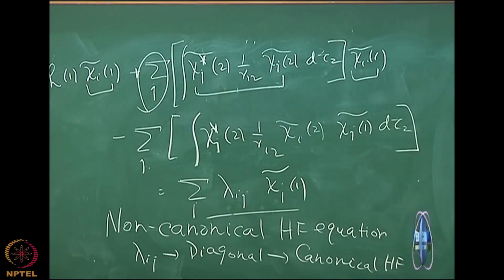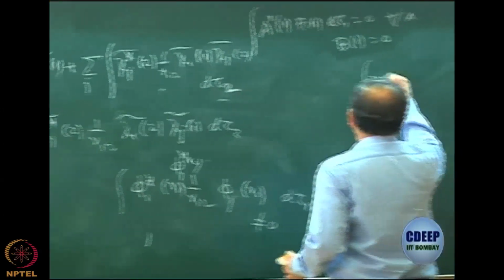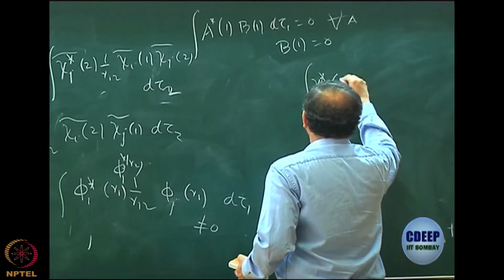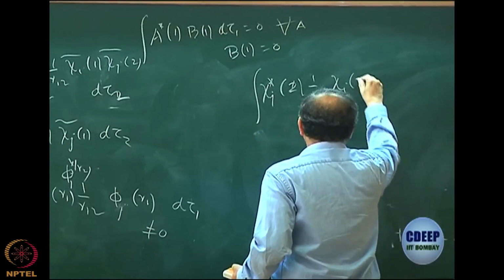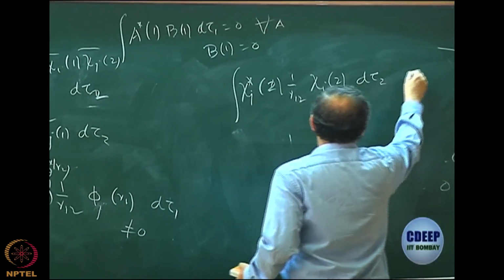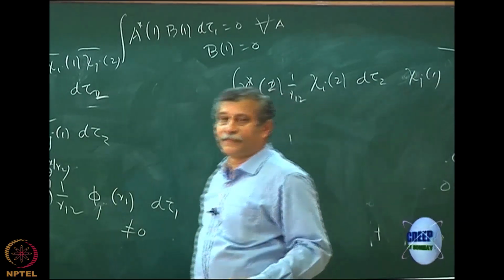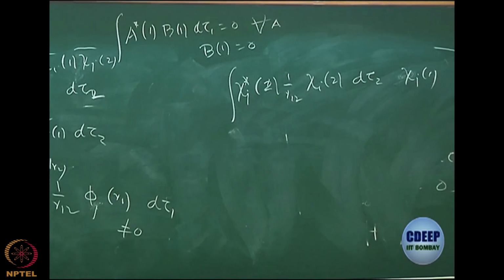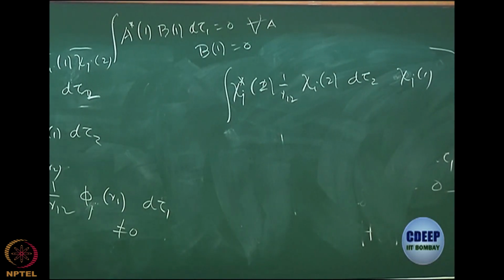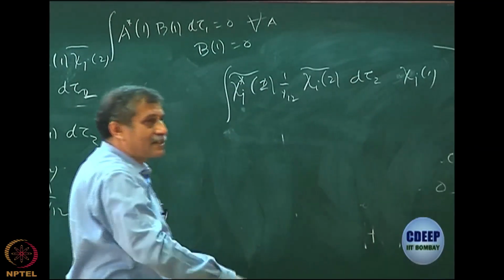Let me come back only to the exchange term of this, which is chi j star 2, 1 by R12, chi I 2 d tau 2 chi j 1, right? No interpretation, because chi j star 2 chi I 2 is not a density. This is j, this is I. Sum over j, of course.